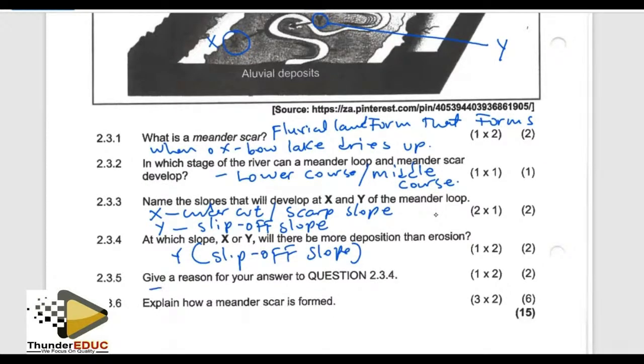I would say there is low velocity, the slope is shallow. So we talk about gradient. All this will result in the river depositing more materials than eroding.